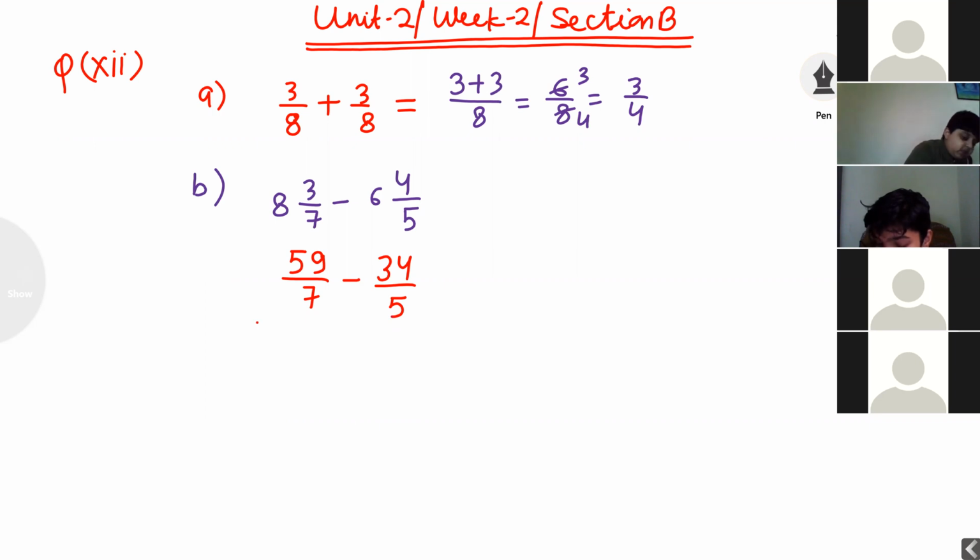The LCM is 35. Note down, LCM of 5 and 7 is 35.